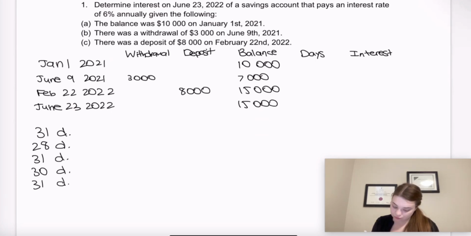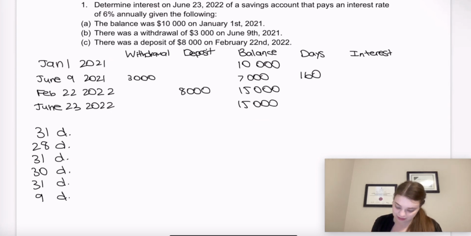And then in June, we're just going to put 9 days because there's only 9 days between these two times. I'm going to add all of this up. So 31 plus 28 plus 31 plus 30 plus 31 plus 9 gives me 160 days. So I'm going to put 160 here because there's 160 days between January 1st and June 9th.